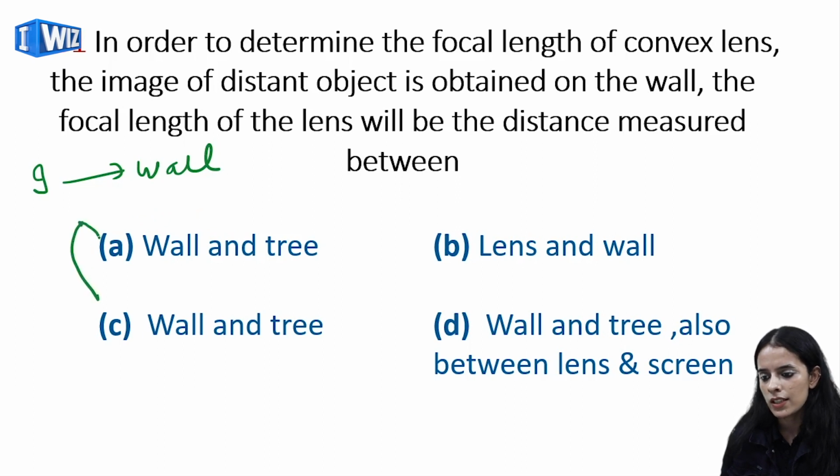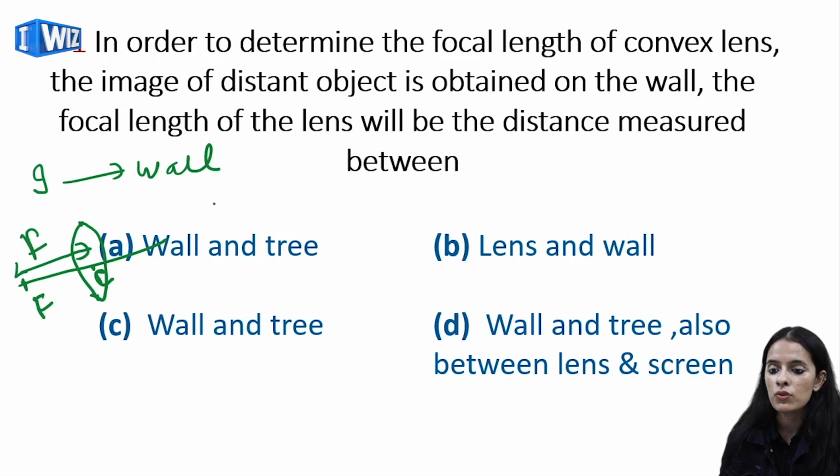Here we are taking a convex lens, and in case of a convex lens, focal length is the distance between the optical center and the focus. So you have to choose the right option. Always remember that the image of a distant object is formed on the wall.